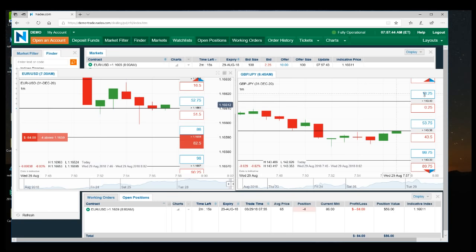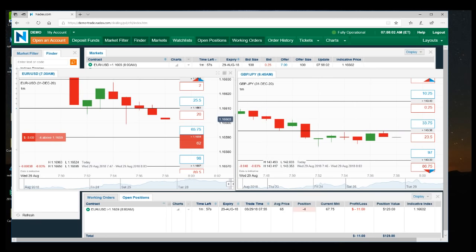Could you still do a $10 binary? Sure. I'm choosing not to, though, because I think it will actually be the next 5-minute bar for that to happen. And you still have 2 minutes left, and that bar can change in that 2-minute period, especially on the British pound.